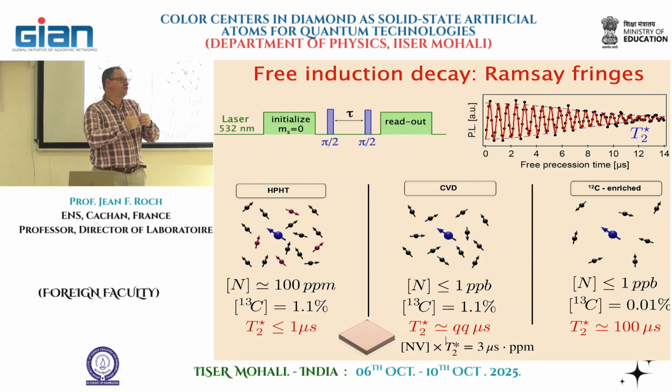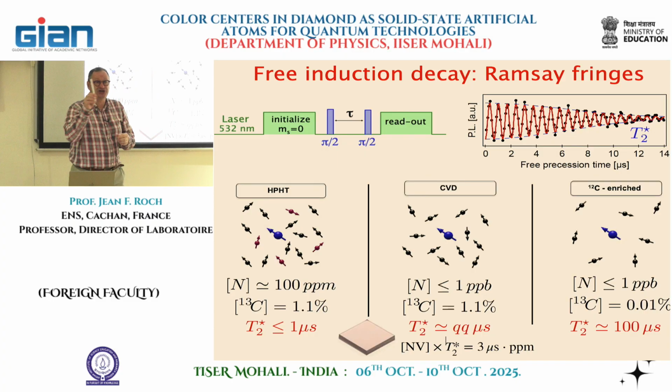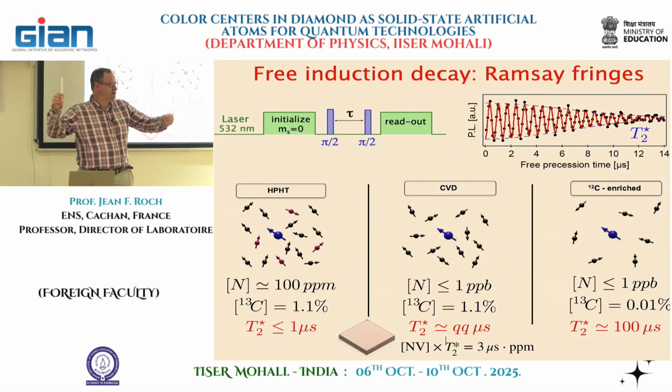So if I take into account the time difference, I will be able to get some modulation of the population. We will do the calculation tomorrow about that. So I see some fringes, and the fringes will decay on a time scale of T2 star. Okay, because of course, if there is any jitter of the line of the NV center, this will scramble the influence of the second pi over 2 pulse compared to the first pi over 2 pulse.